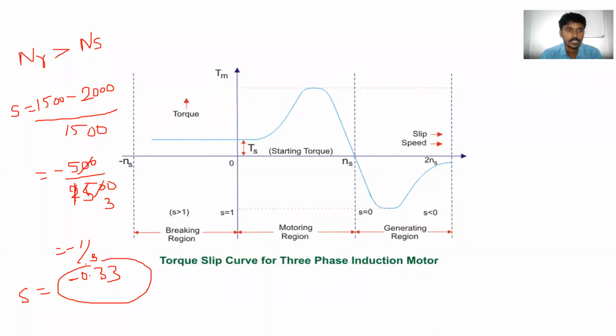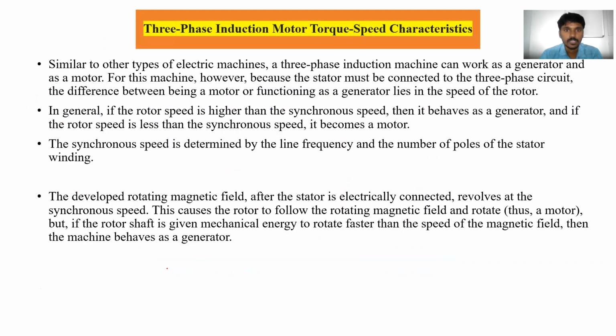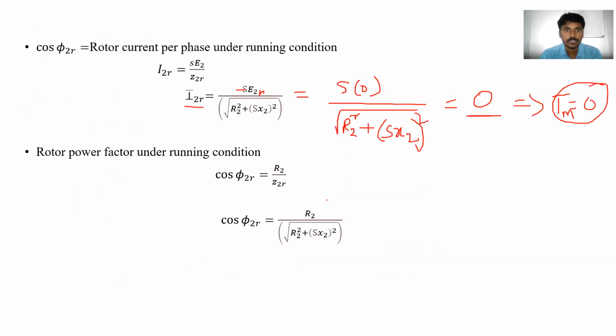When the motor speed is greater than the synchronous speed, the slip value is negative. Clear? If the slip value is negative, the rotor current is also negative under the running condition, meaning I2R is also negative.